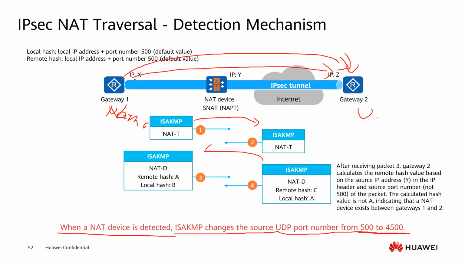Because before, they were using the IP address to do the authentication for those two devices. But if I detect that you are behind the NAT, I will use the name to do the authentication.